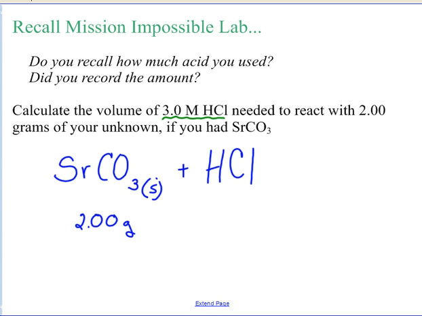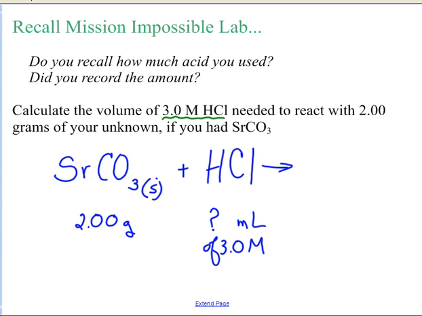We did that before we had learned about limiting reactants, and you were told to continue to add the hydrochloric acid until you knew that the reaction was finished. In this problem, we want to know what is the volume in milliliters of 3.0 molar HCl.